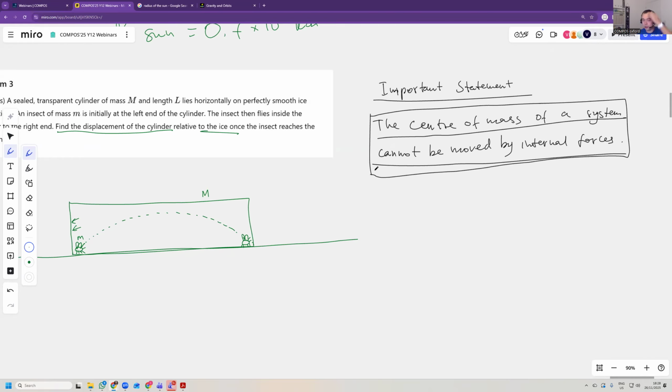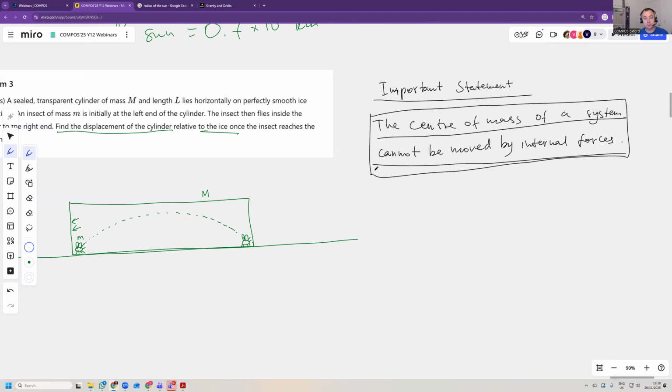So there are internal forces and there are external forces. An external force would be someone picking up the can and throwing it, or wind pushing the can forwards, or anything else. Or friction. If there's friction, the friction can cause the can to move or slow down. Friction can do both things.